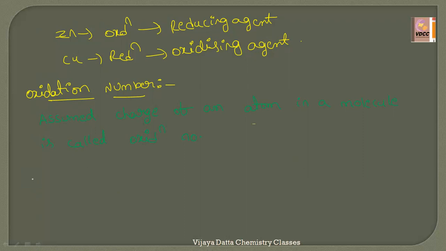Here we can go for one clue. The more electronegative element is assigned a negative oxidation number. The less electronegative element is assigned a positive oxidation number.